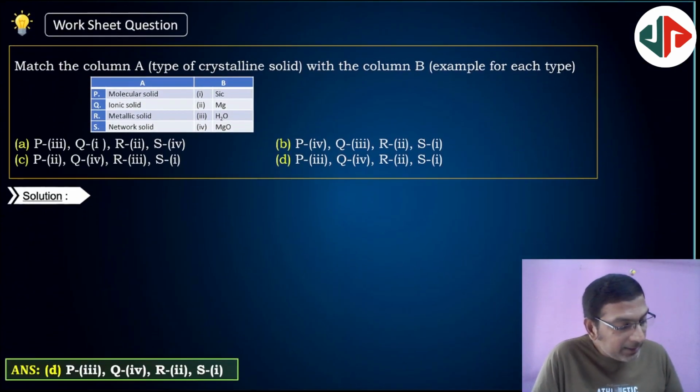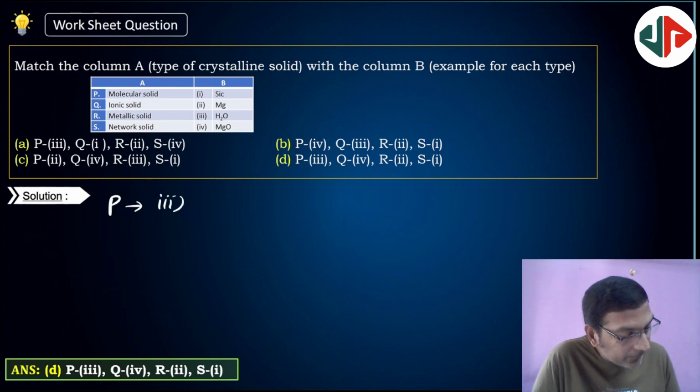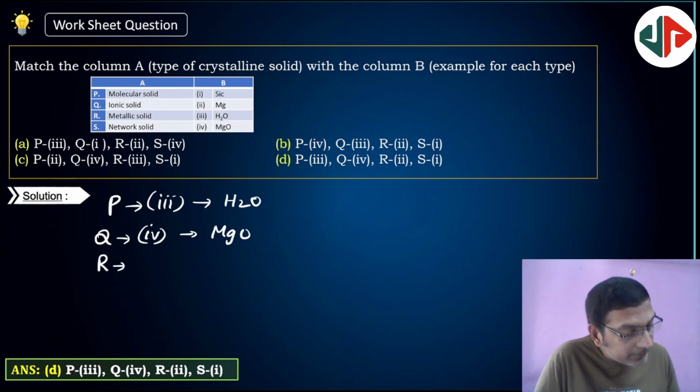So molecular solid, that means P. Molecular solid, H2O is 3. Ionic solid MgO, that is 4. So 3 means here H2O, 4 MgO ionic. Next, metallic solid, which is Mg.